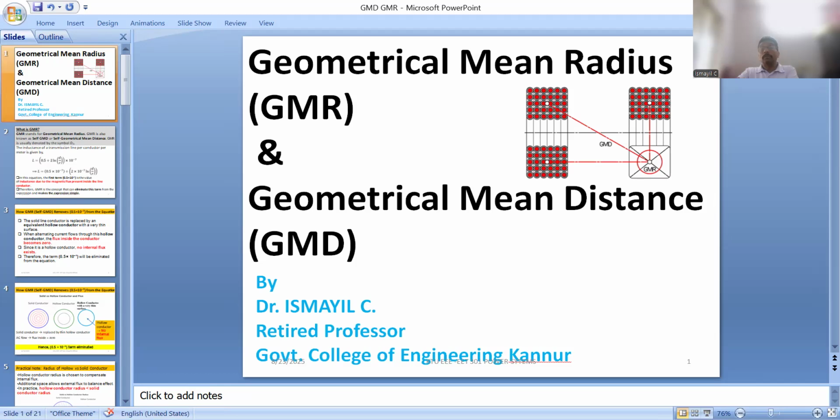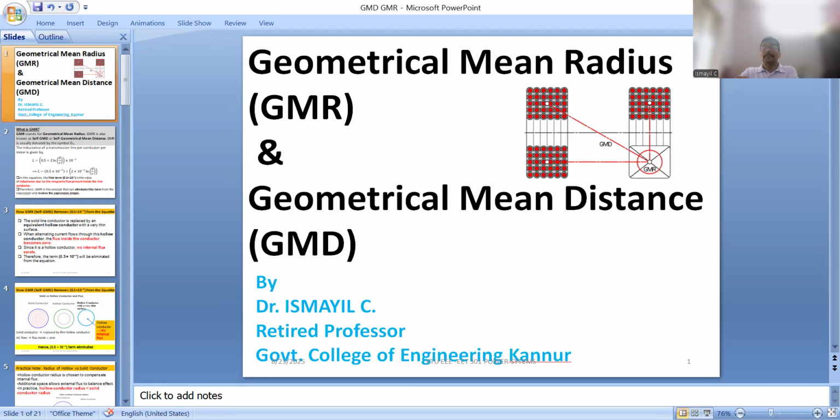Sorry, this is wrongly written here. This is the distance, and it is correctly written. This is ds. ds is equal to 0.7788 into r dash.